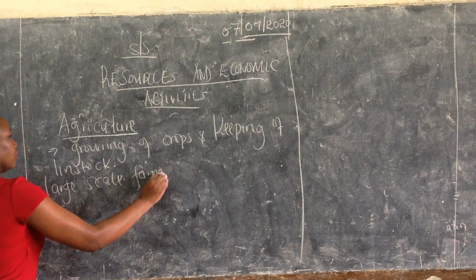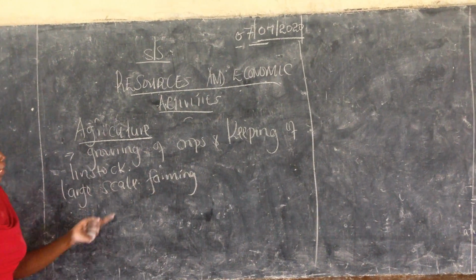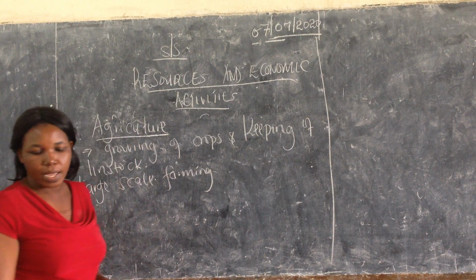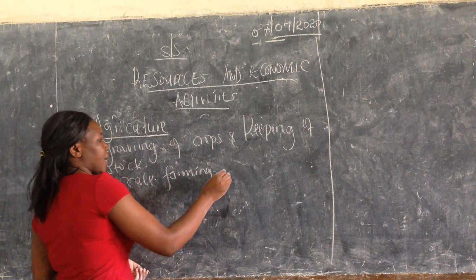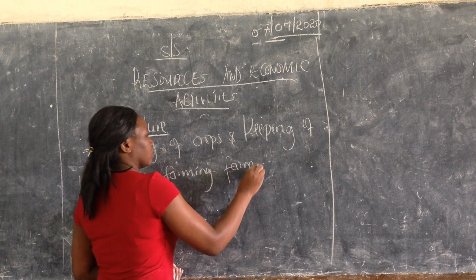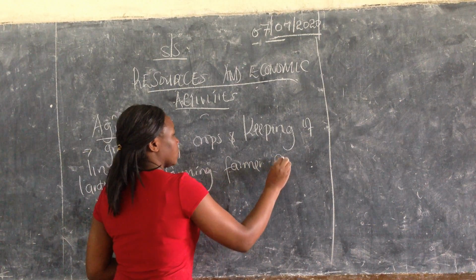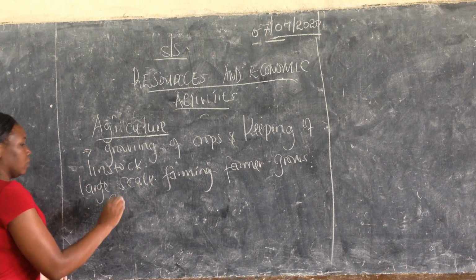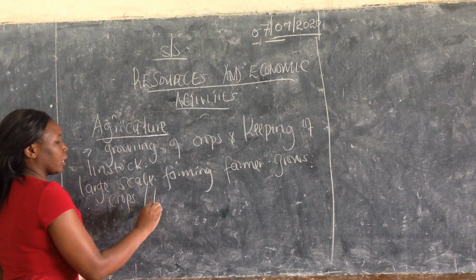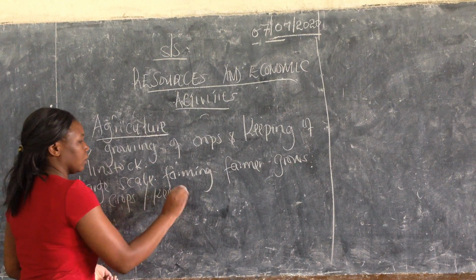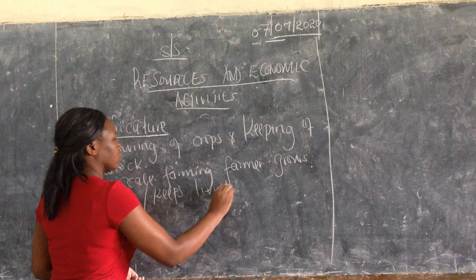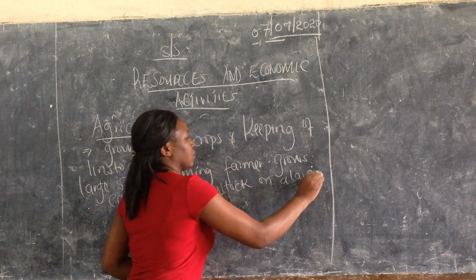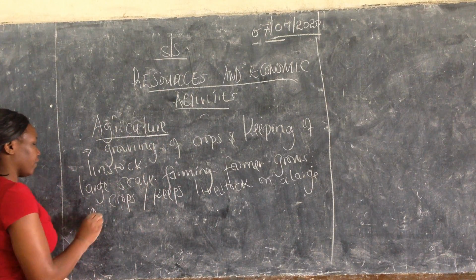Large-scale farming is where a farmer grows crops or keeps livestock on a large piece of land.